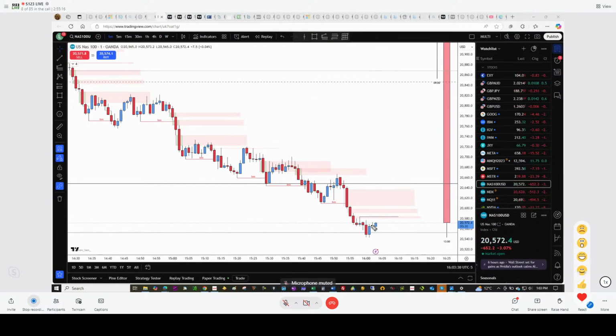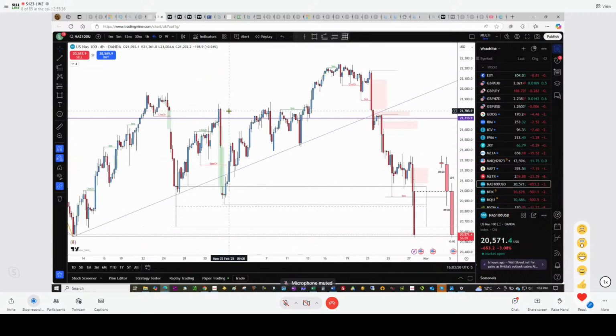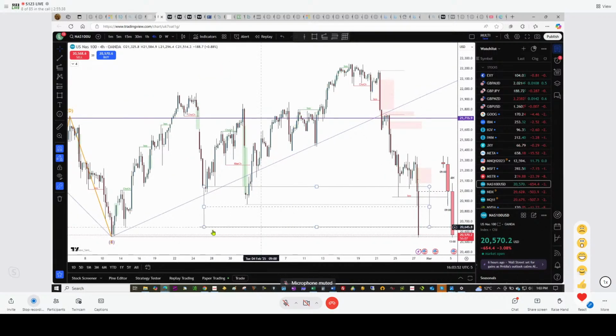Tempting buy, but again, market's closed now, so we could see them start to slowly climb out into Asia. That's possible. Well, Asia should be an accumulation stage at this point. Yeah, so they took that low, but not by much, just by a couple of ticks there.